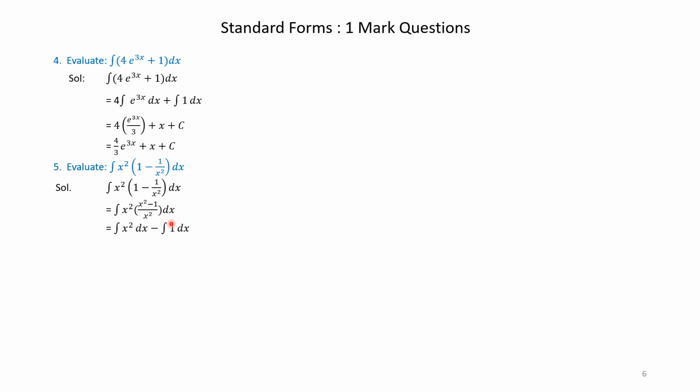This becomes, if you separate this term, x square gets cancelled. See, this x square and this x square get cancelled. Therefore, we get x square minus 1, whatever is there in the bracket.